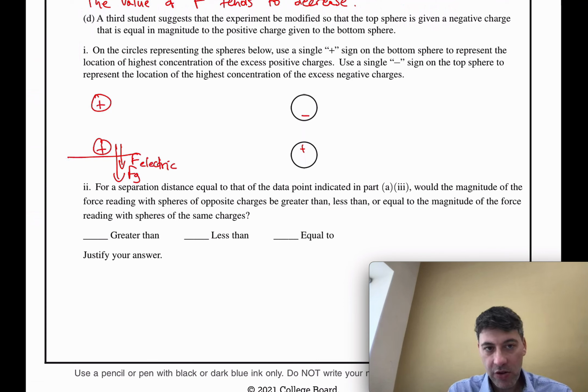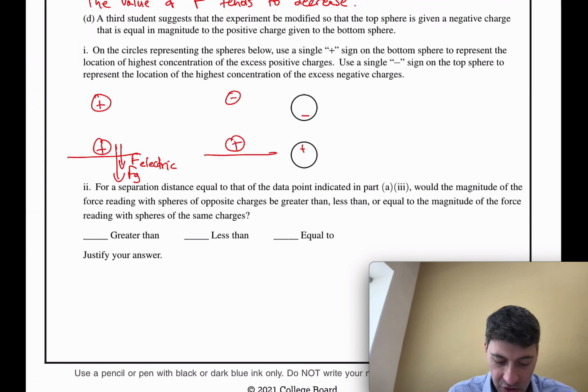Now, for the new charges, 1 plus and 1 minus, the reading of the scale will be the force of gravity, which doesn't change, but instead of the electrostatic force downwards, we have an attracting electrostatic force. So the total reading of the scale, the net force or the normal force on the scale, is actually less.